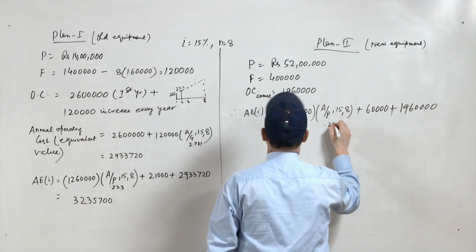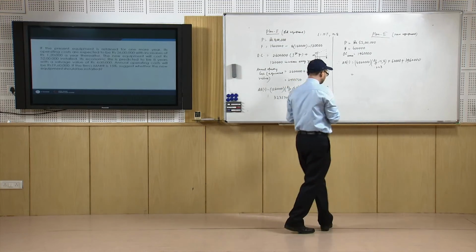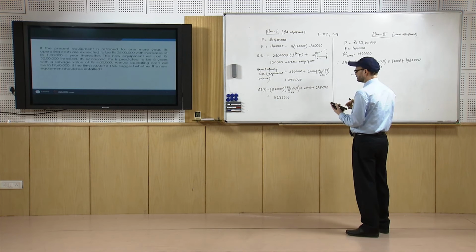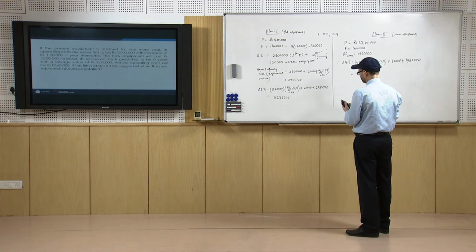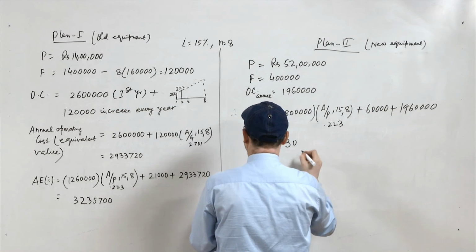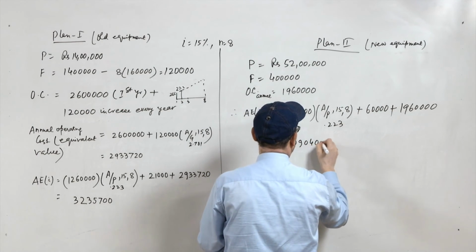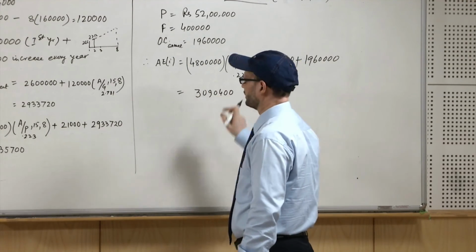With 0.223, 48 lakh multiplied by 0.223 plus 60,000 plus 19 lakh 60,000 comes out to be 30 lakh 90,400.